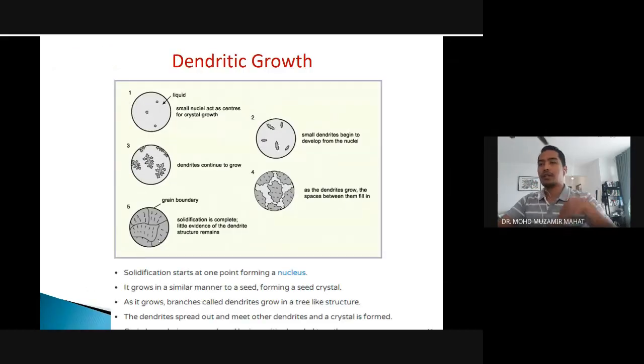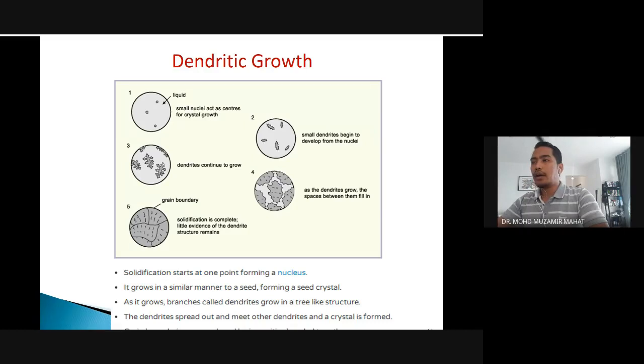Okay. When you talk about solidification, this is a must-remember figure. This is about dendritic growth, which explains what is happening in the microstructure of your metals. Number one, when you have the molten liquid, you have small nuclei acting as centers of crystal growth.